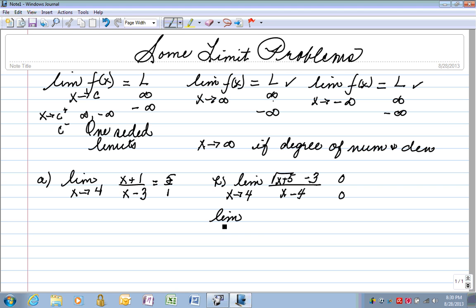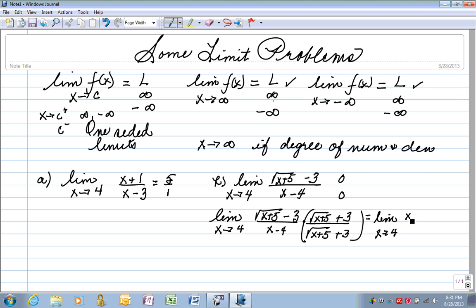If you remember from previous videos, all I did was rationalize the numerator with the conjugate. You always have to repeat the limit each time.